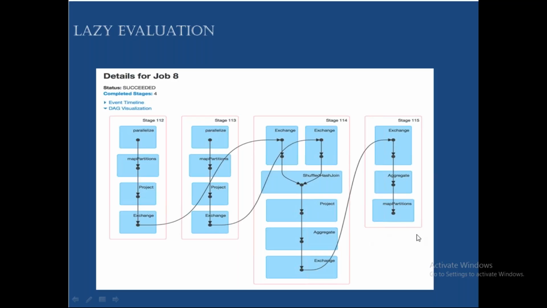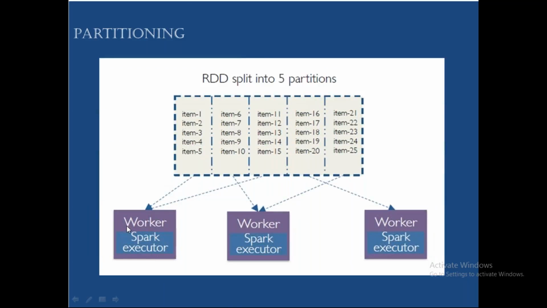When you apply an action, this is the triggering point. It will start reading these two files, applying transformation on these two RDDs, then joining them, applying aggregation. Everything executes when you apply an action. That's why it's lazy evaluation. I'll show you more in detail in upcoming slides.